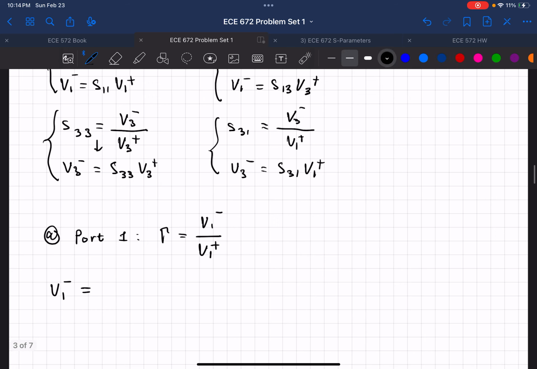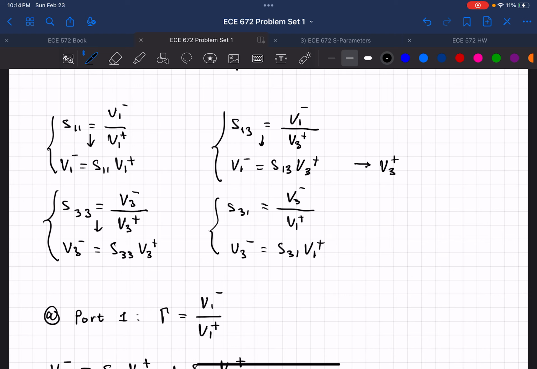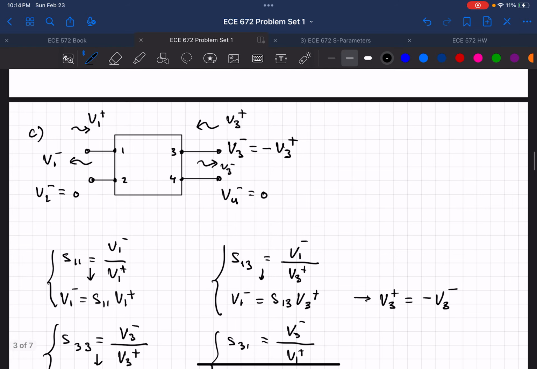So V1 minus is equivalent to S11 V1 plus plus S13 V3 plus. We know that V3 plus is equivalent to minus V3 minus in the short-circuited case.